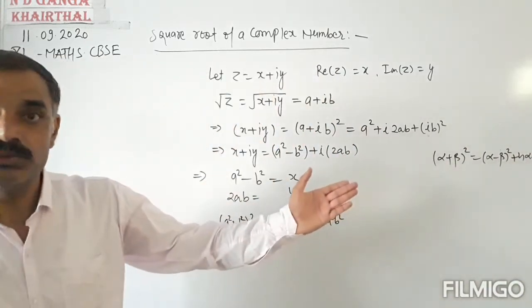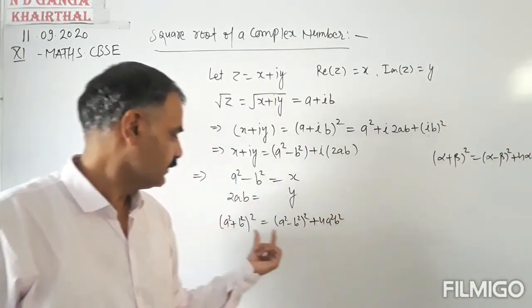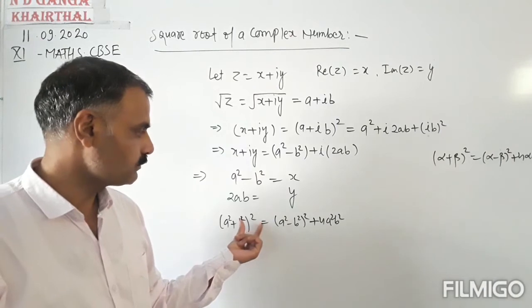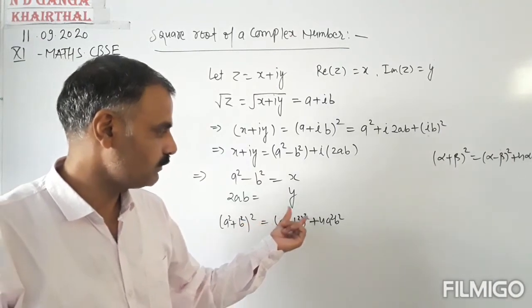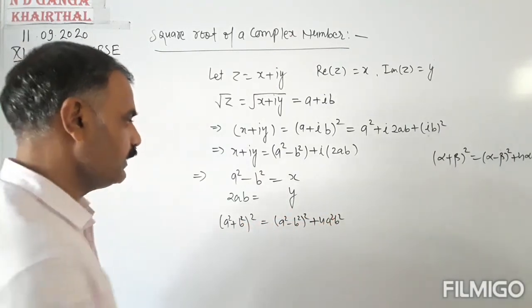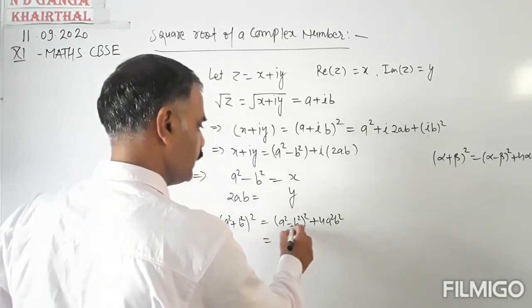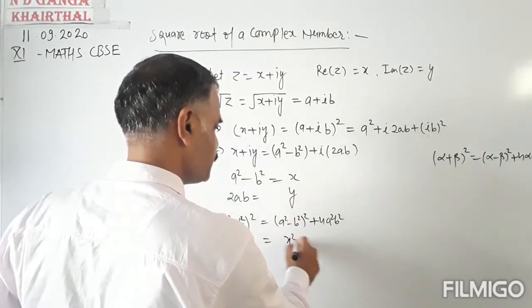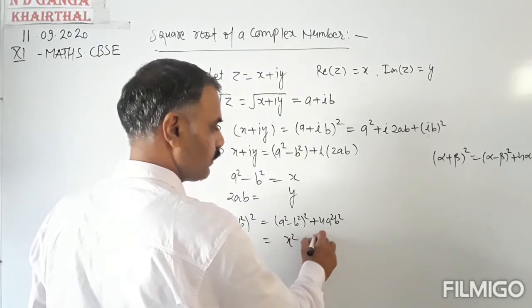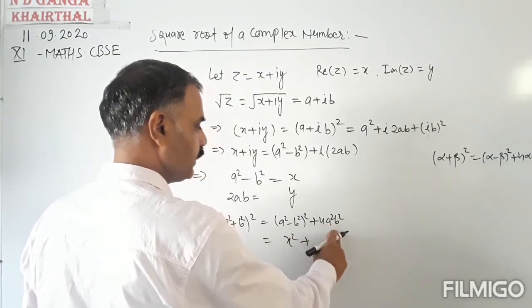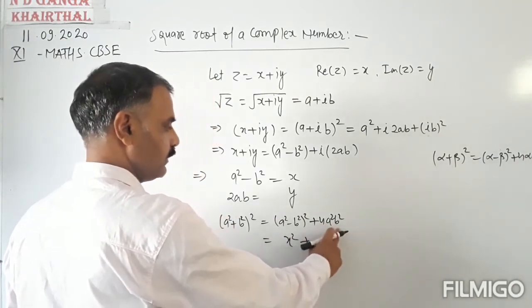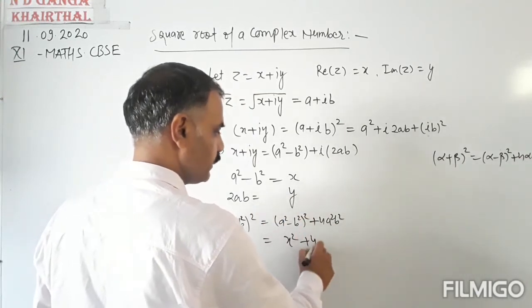So using that identity here, (a square plus b square) whole square equals (a square minus b square) whole square, which is x square, plus (2ab) whole square, which is y square.